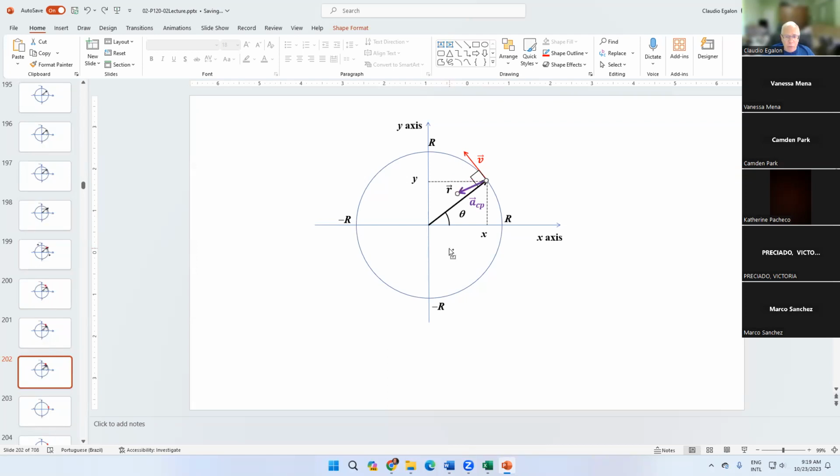But for the case of uniform circular motion, we have an acceleration vector that's only in the radial direction, toward the center of the circle. The tangential component of the acceleration in this case is 0. That's why the speed of the particle remains the same. I'm going to write that down.